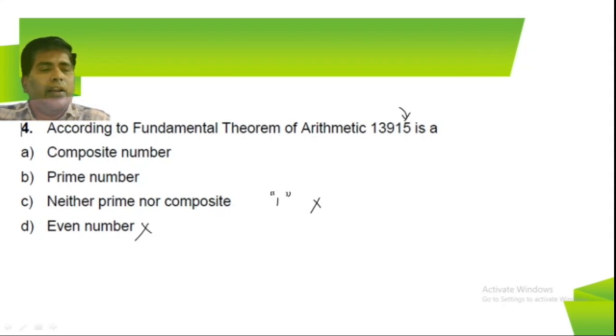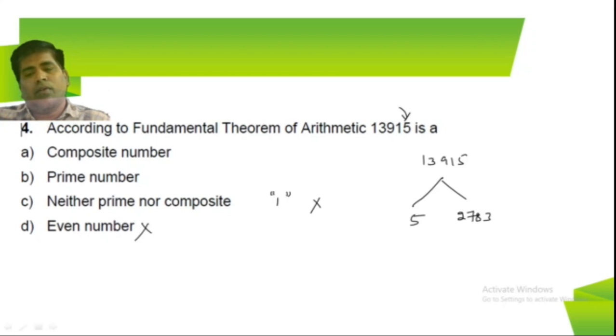Now we have to identify whether it is a composite number or a prime number. In the tree diagram, we wrote nearly 3 steps. 13,915, we wrote it in the first step as 5 into something, 2783. Again, we wrote it as 11 into 253.